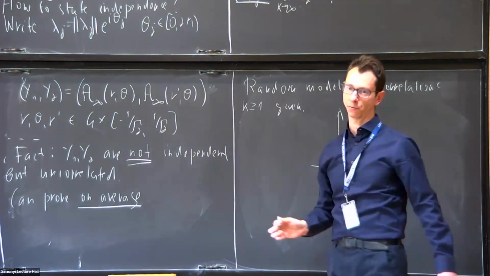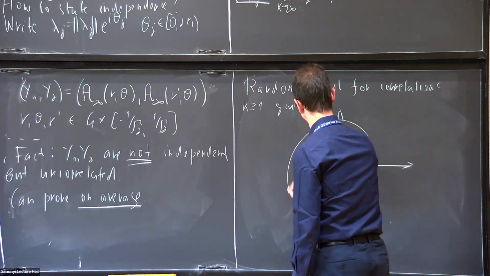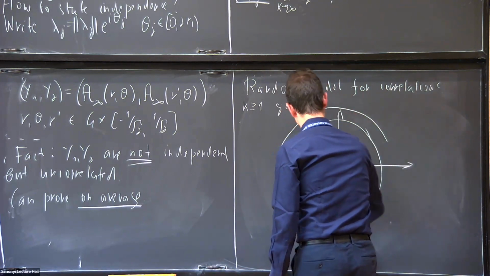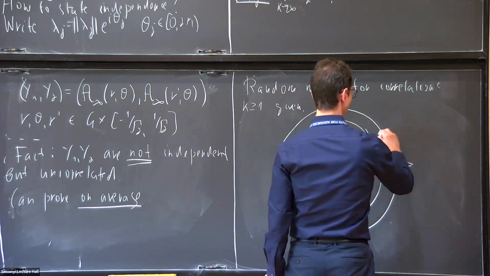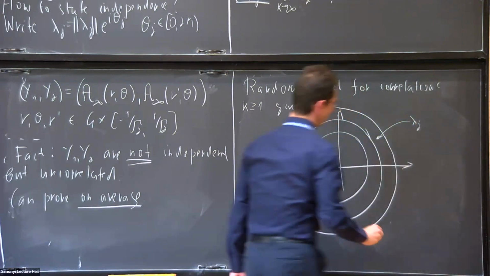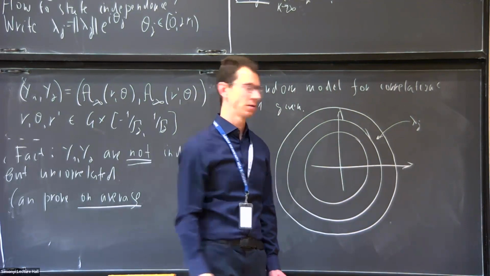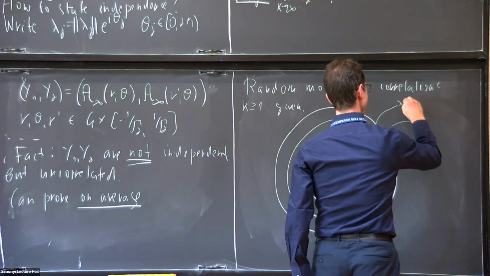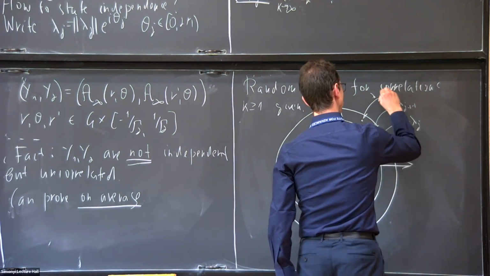Let's suppose that we're in the first quadrant. Let's suppose that we have some lambda j, and we're supposed to compare lambda j with lambda j plus k. So then we have lambda j plus 1, etc., until we have lambda j plus k.